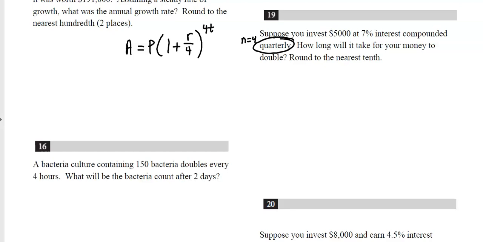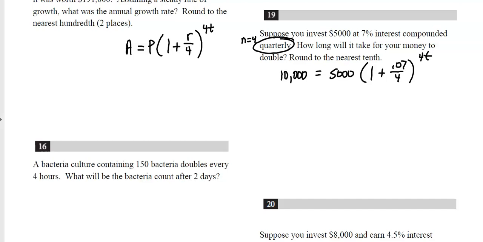So there's the equation for compounded quarterly. And I wanted my money to double. So I wanted to get $10,000 with a start of $5,000. And we're going to have 1 plus 0.07 over 4 to the 4t power.